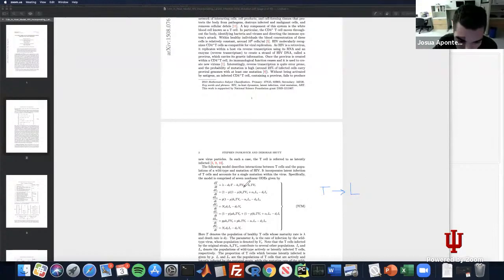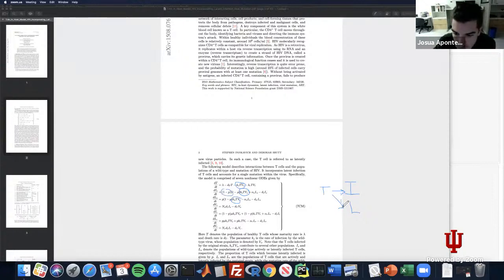So cells go from infected to this early phase of infection, and some of them also come into a latent phase, and how many of them go to one versus the other is determined by this fraction.